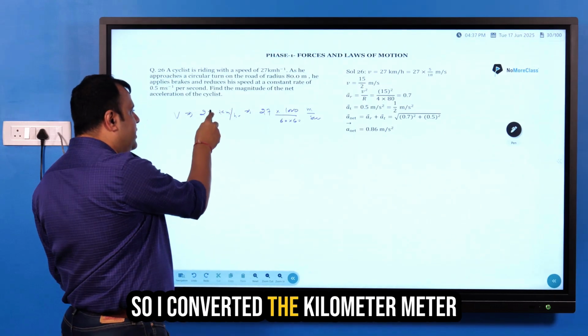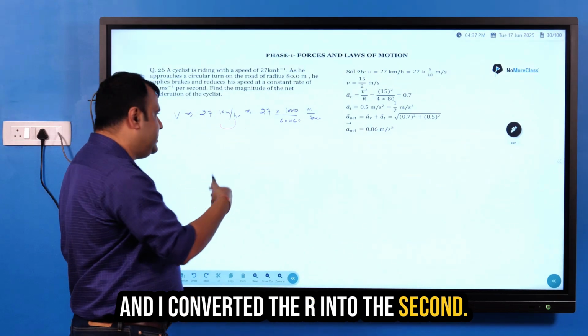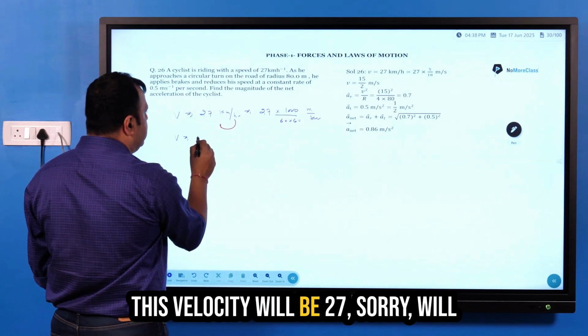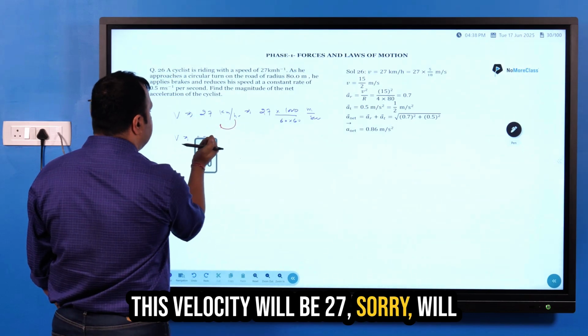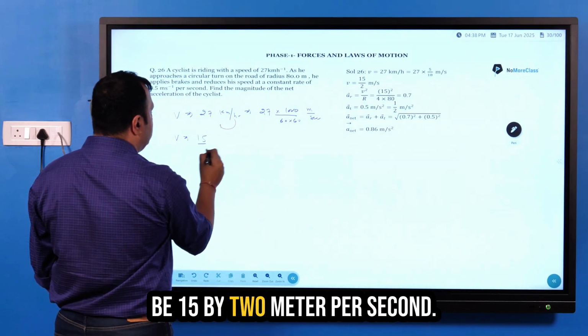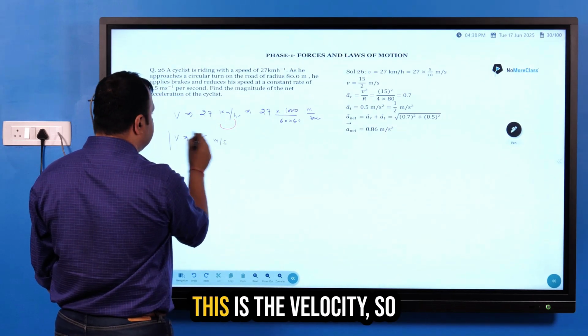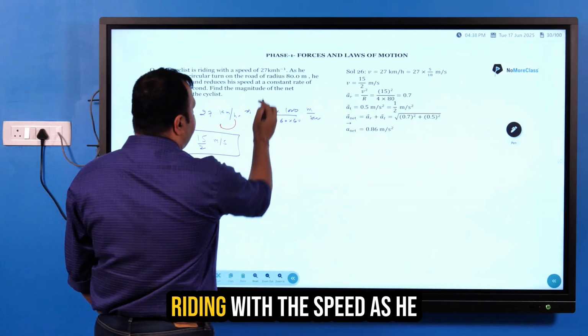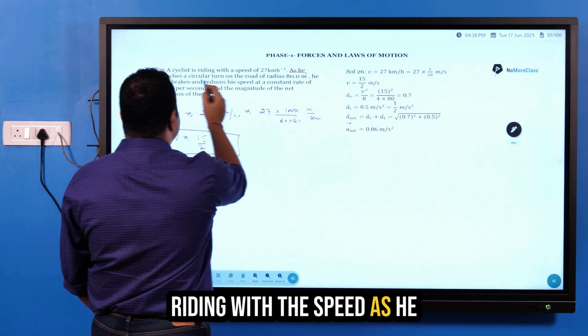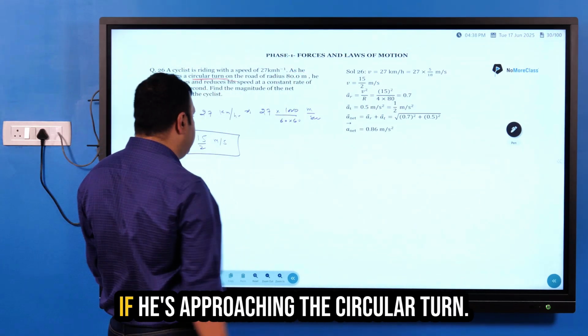So I converted the kilometer into meter and the hour into second. This velocity will be 15 by 2 meter per second.